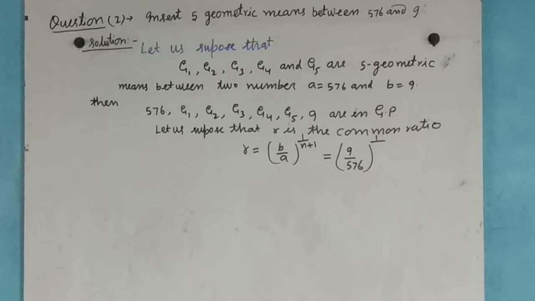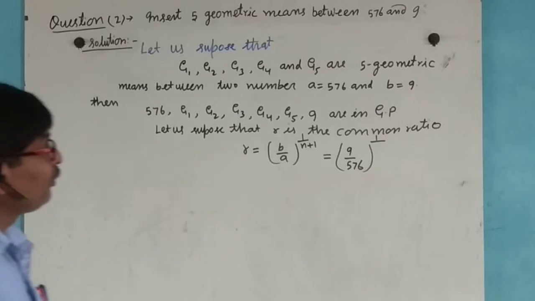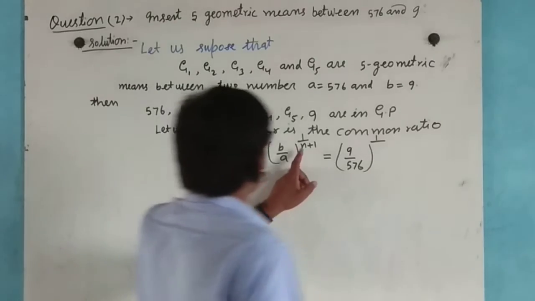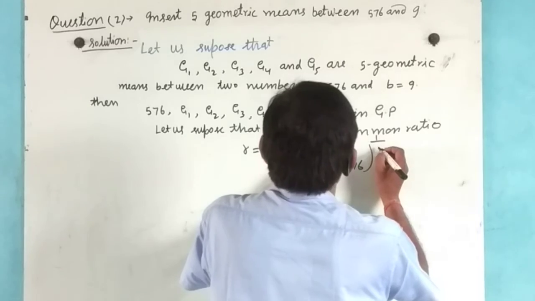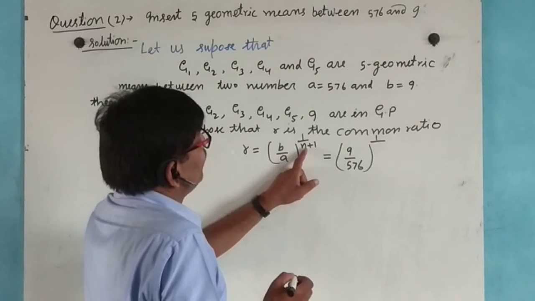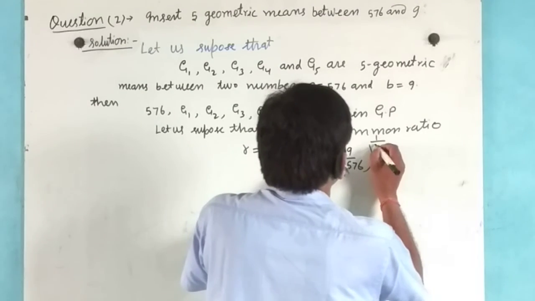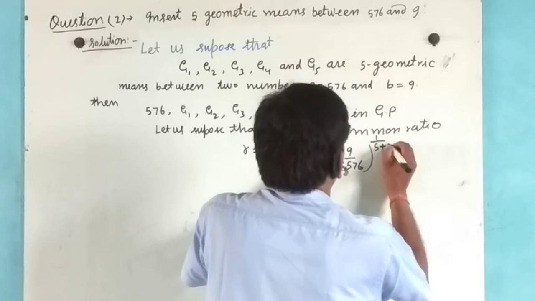In this case, n is the number of means 5 plus 1.